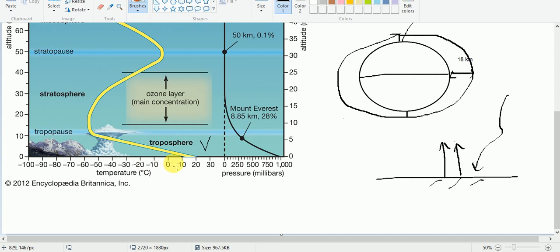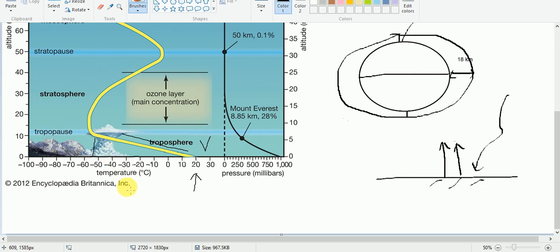If you see this diagram here at the surface, let us suppose the temperature at the surface is 20 degrees Celsius, and as we move upwards, the temperature decreases. From 20 to 10, then 0, then minus 10, minus 20, and when it reaches a height of 10 kilometers, the temperature is about minus 50.